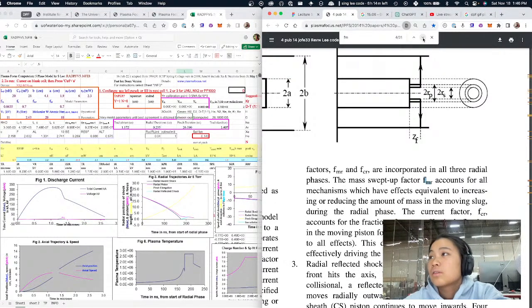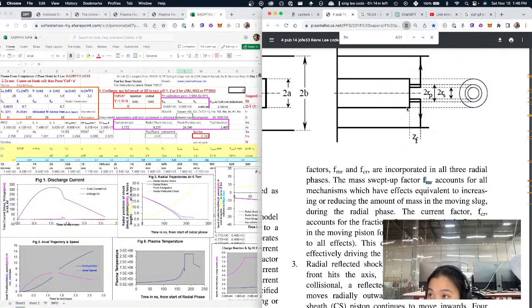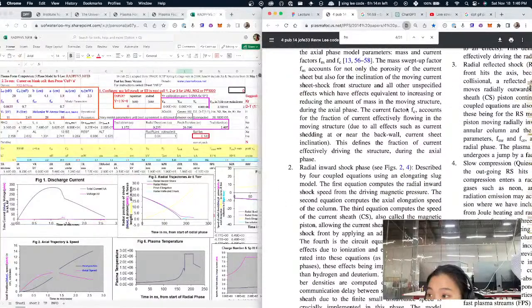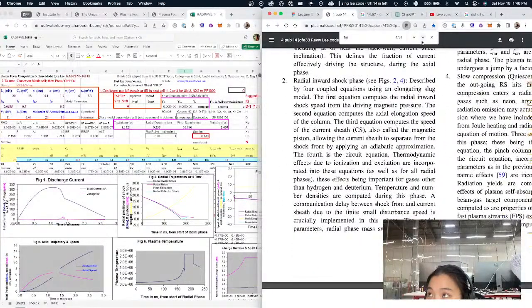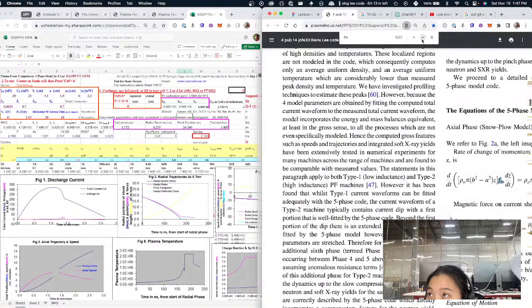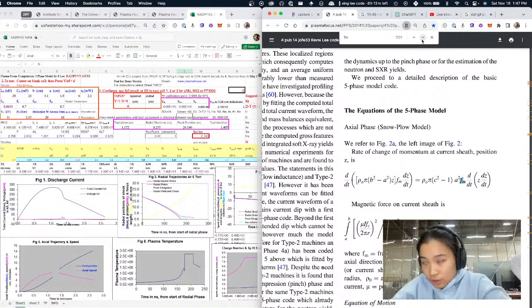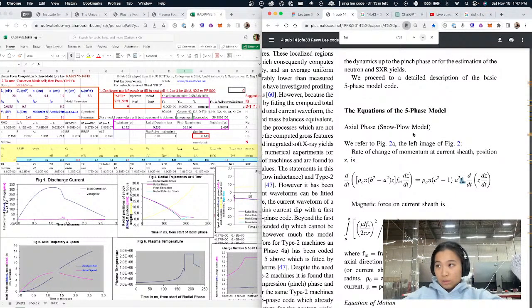CF. Okay, so I think these are forces. There's the force of current, force of resistance, and the force of momentum. No, fraction of mass. Okay, got it.